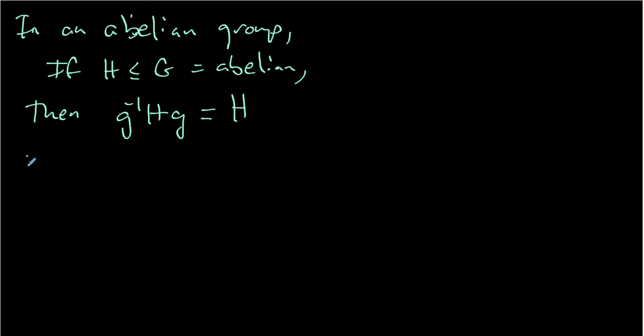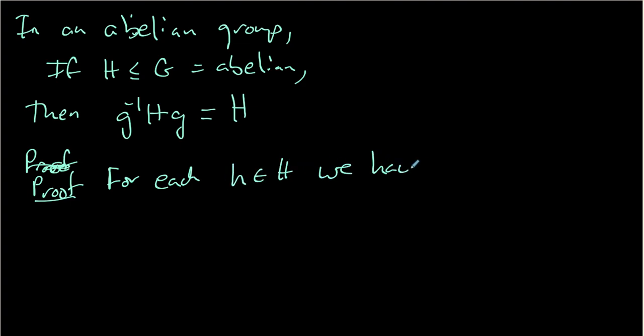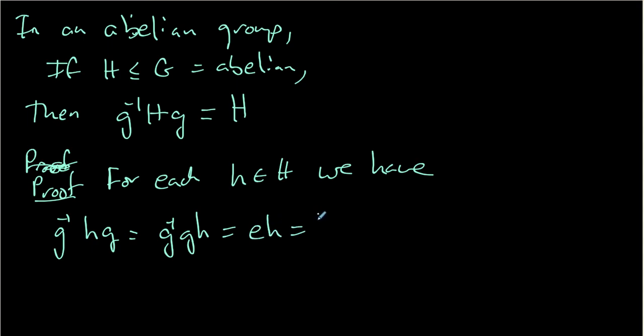And the proof here is real easy. It is very straightforward. For each h inside H, we have G inverse h G is equal to G inverse G h, because G is abelian, and that's equal to E h, which is equal to h.